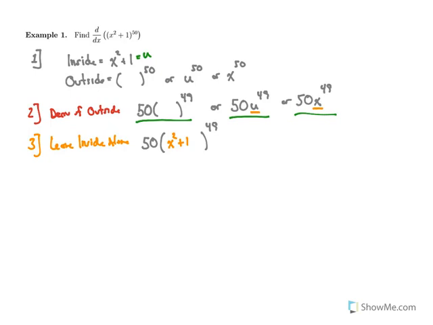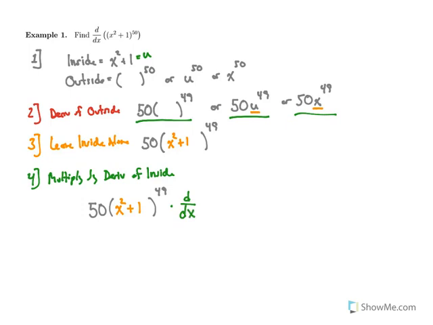Finally, we have step 4, and that is we are going to multiply by the derivative of the inside function. So I'm going to write this as 50 times x squared plus 1 to the 49th power, and then I'm just going to write times the derivative of x squared plus 1.